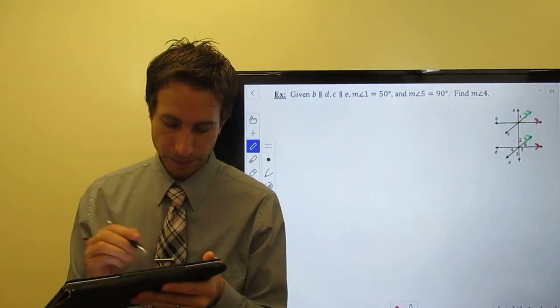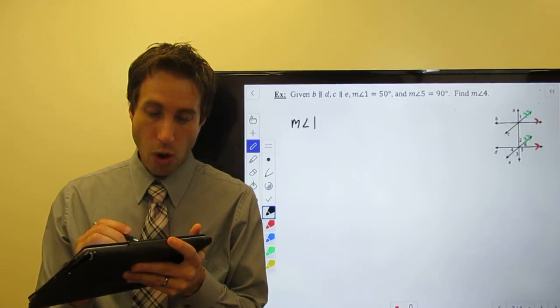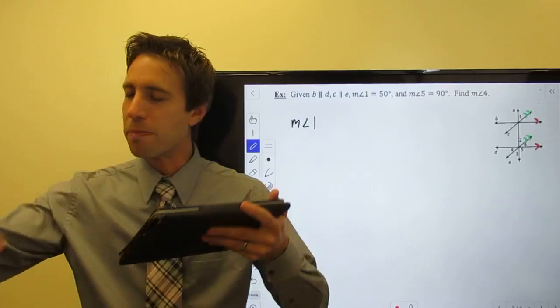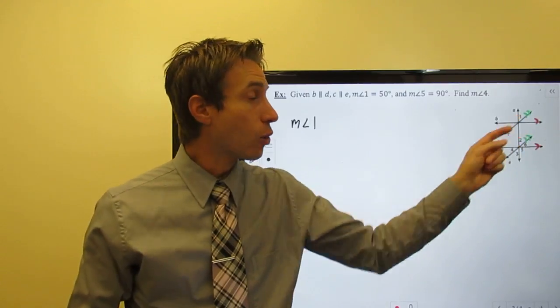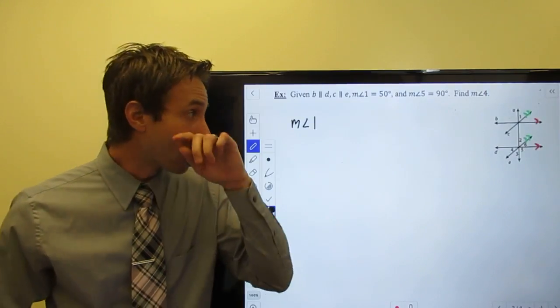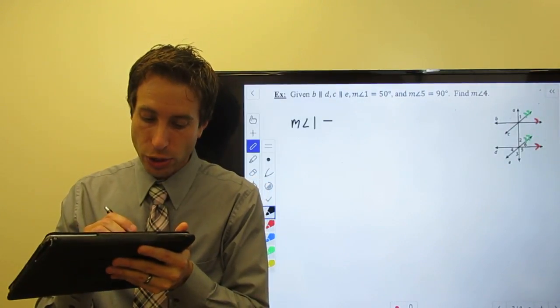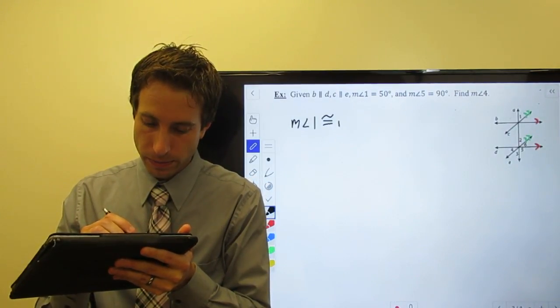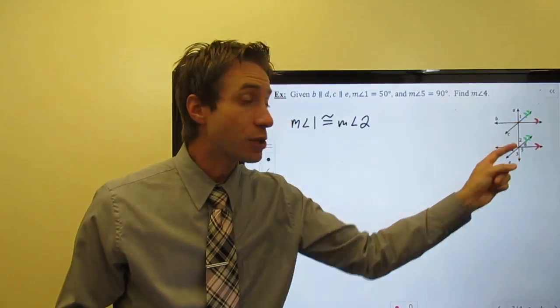Okay, here we go. Measure of angle 1. Right, again, going back to review what we've already done in this chapter, what is angle 1 congruent to? Well, we can say angle 1 is congruent to angle 2 thanks to, right, look, they're corresponding angles.